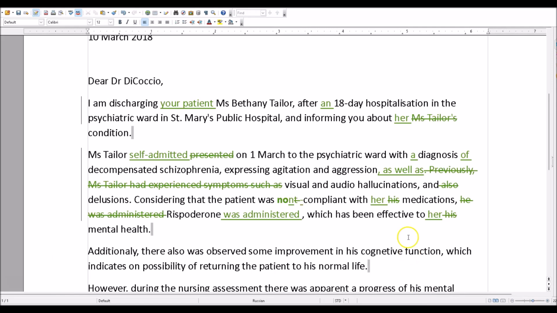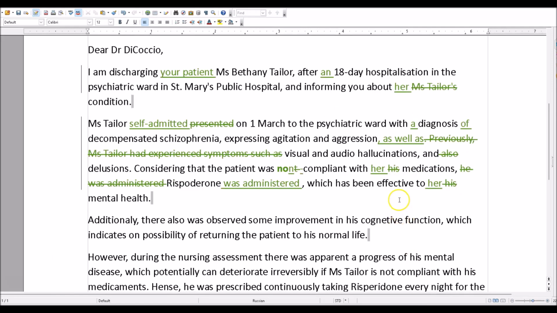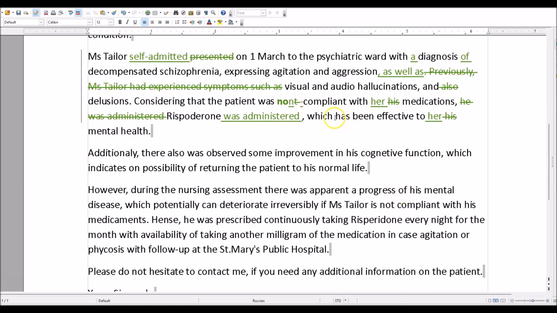Where are we? Okay. So, which has been effective, or which were effective, if we're talking about the ones that she's been using now, which were effective to her mental health. Okay.